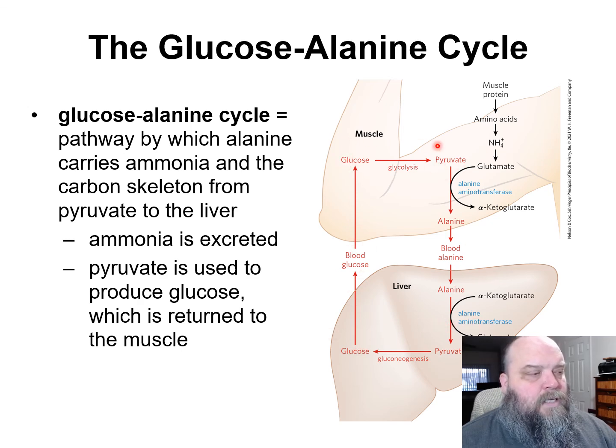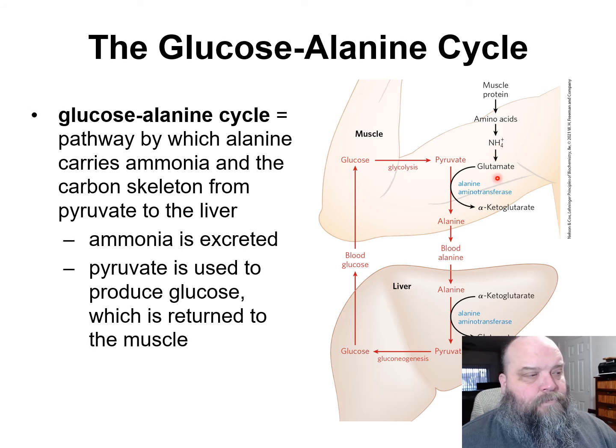So this is separate from the system that we've talked about in chapter 15, 16 of the making of NADHs and all that stuff that we can then use for ATP synthase, the oxidative phosphorylation. This is a little side channel for getting the ammonia out of the muscle cells.